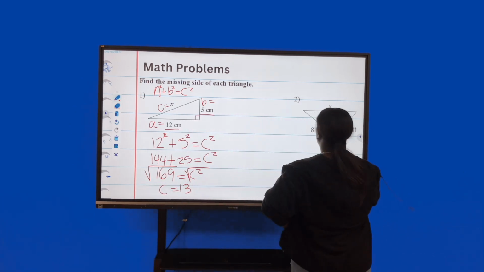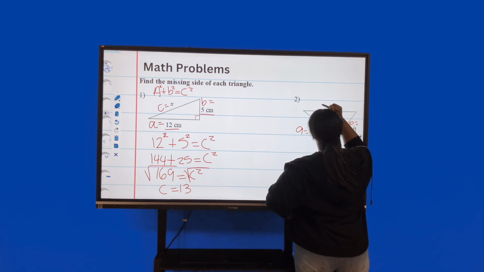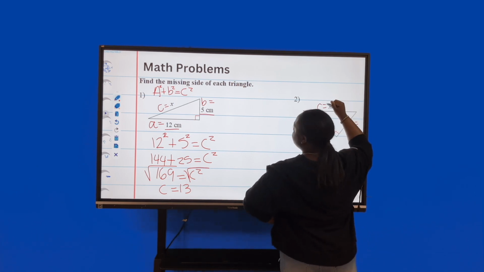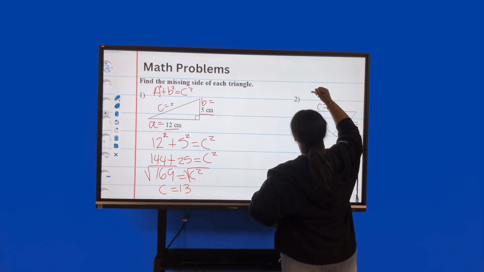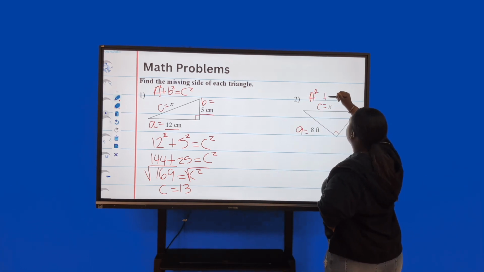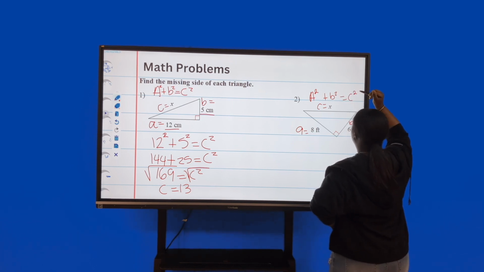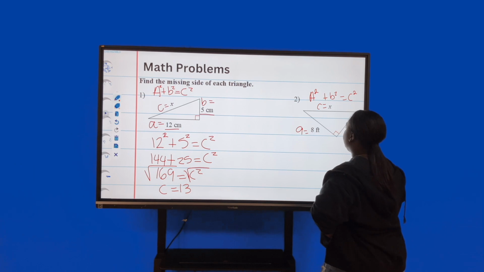Now on this side, we have to label it. Also on the same thing, we're going to put the formula at the top, so a squared plus b squared equals c squared. Now that we've done that, we're going to plug it in.